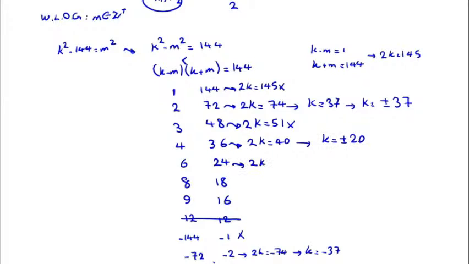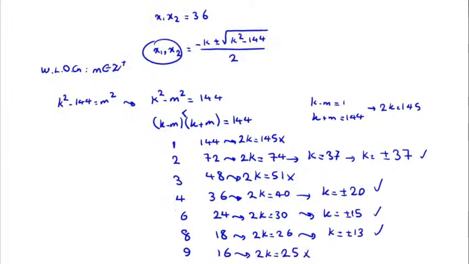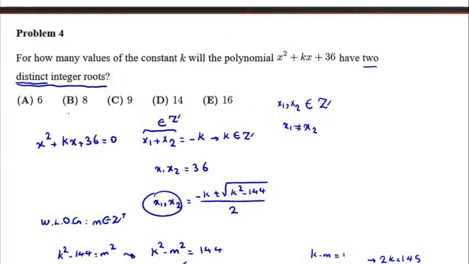For this one, 2k equals 30, so k equals plus minus 15. For this one, 2k equals 26, so k equals plus minus 13. For this one, 2k equals 25, so it is not possible. So 1, 2, 3, 4 answers, times 2 because of plus minus, 8 answers. So the answer is B.